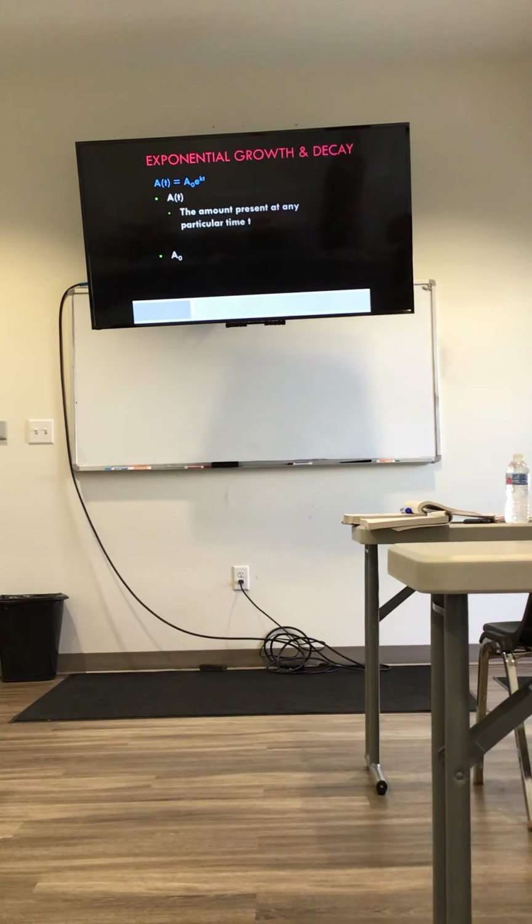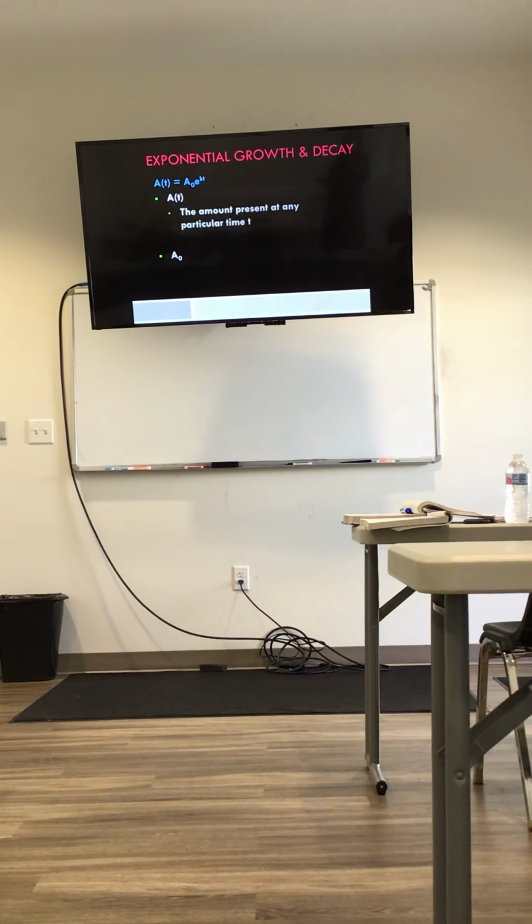Okay, the second one is going to go straight across the question here. The next one I run into is A sub 0. Now over here on the left-hand side, when it said A of t, that's the amount at a certain time. What time is it if it says A sub 0?